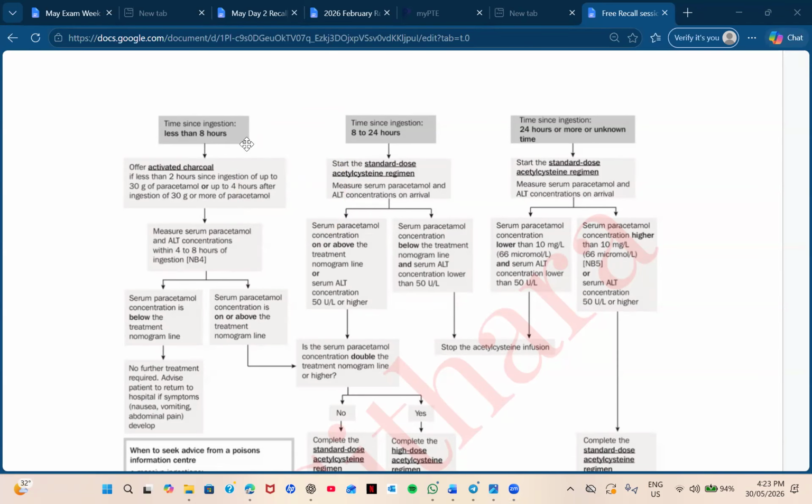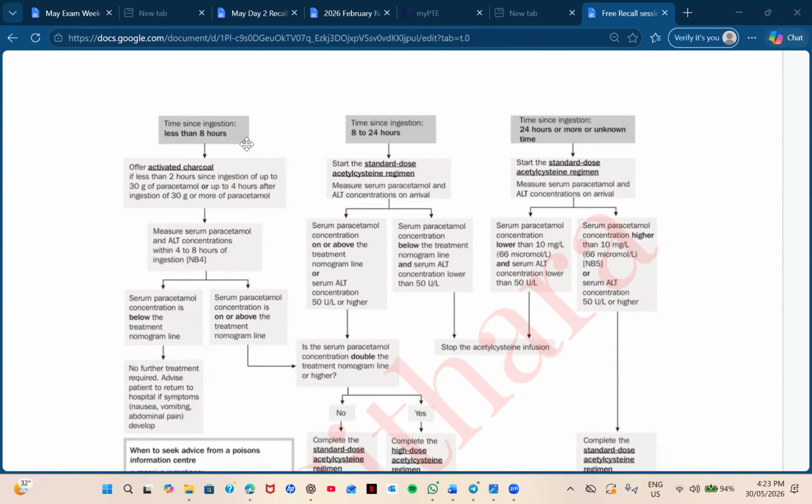Very important, because sometimes they are not giving the activated charcoal option. Anyway, they want to ask about this one, because if it is more than 8 hours, you always start the treatment from the NAC. That is why you have to differentiate these two things, right?